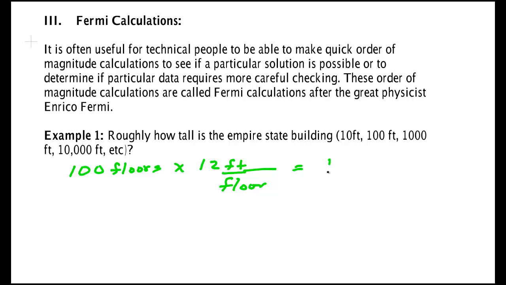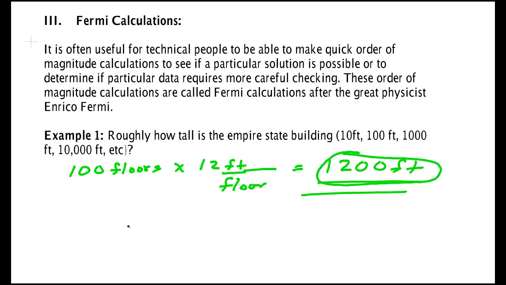Well, then that says that thing should be about 1,200 feet. Actually, the Empire State Building's about 1,240 feet. Go find the exact size in Wikipedia. Bottom line is, if you come and tell me that building's 10,000 feet, I know it's wrong. If you come and tell me that building's 100 feet, I know you're way off. I certainly have a rough estimate of how big it is just by roughly estimating the factors that are important.